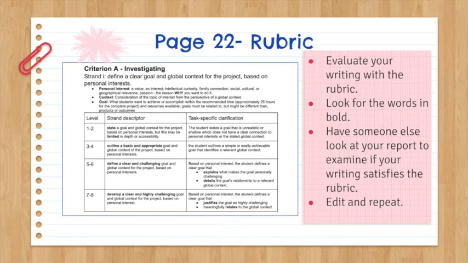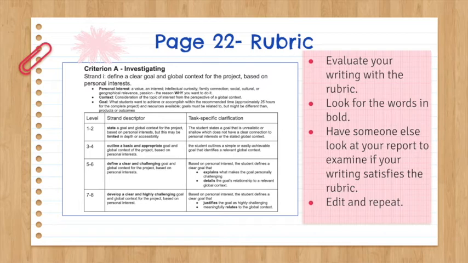Please take note that at the bottom of the rubric are 7 and 8. No one should ever try to do anything other than aim for 7 and 8, which is the highest amount that you can get. Under 7 and 8, it says you need to develop a clear and highly challenging goal and global context for the project based on your personal interest.